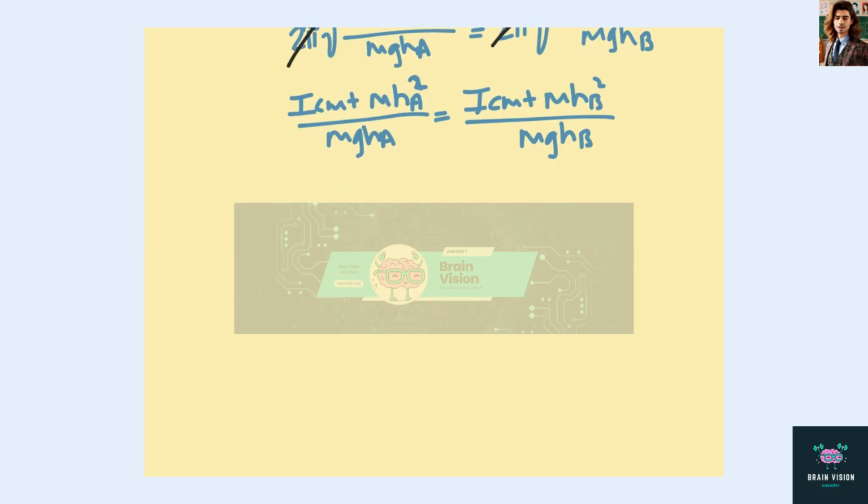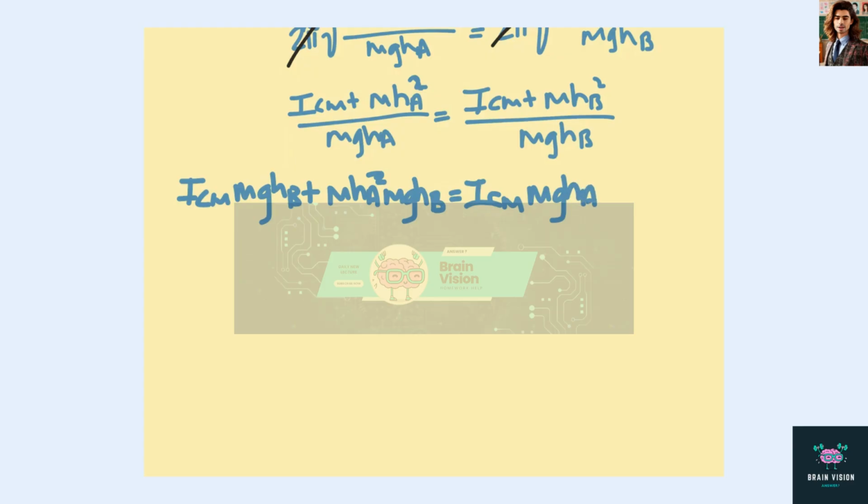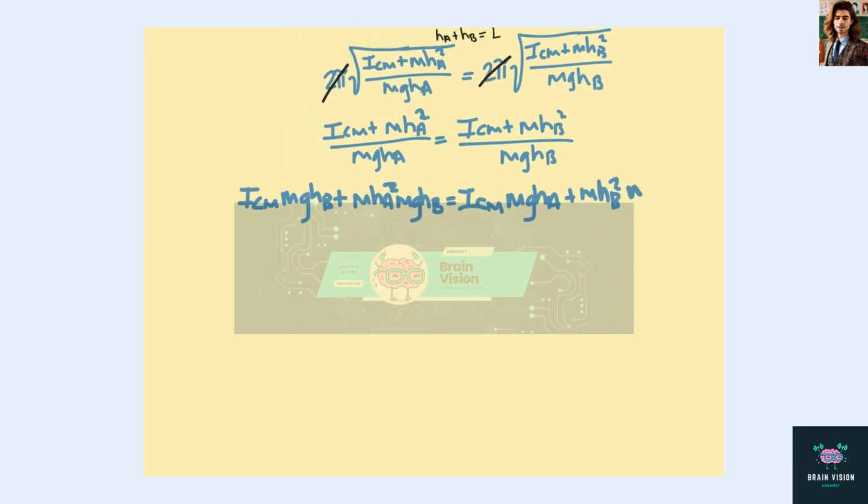Once we cross multiply, we will end up with ICM M G HB plus M HA squared M G HB equals ICM M G HA plus M HB squared M G HA.